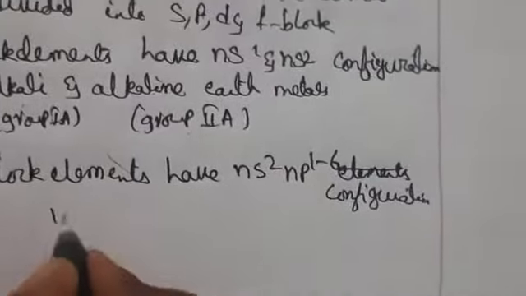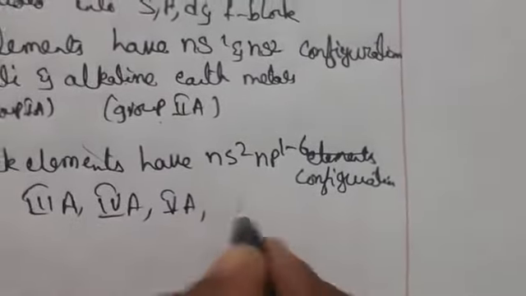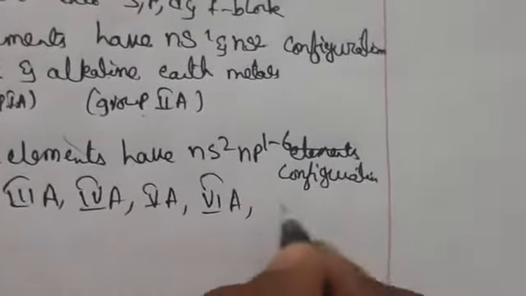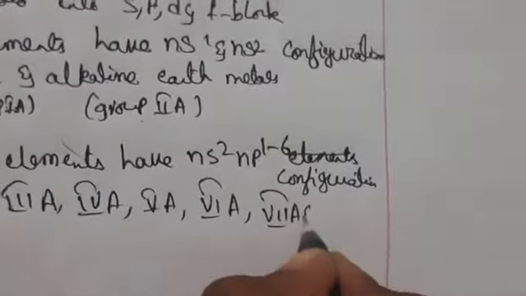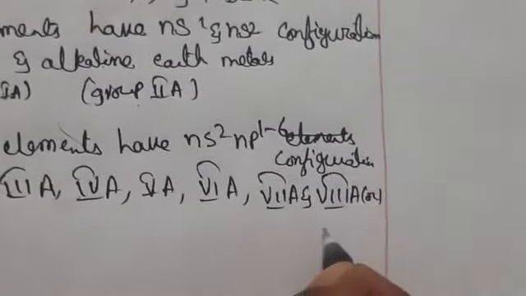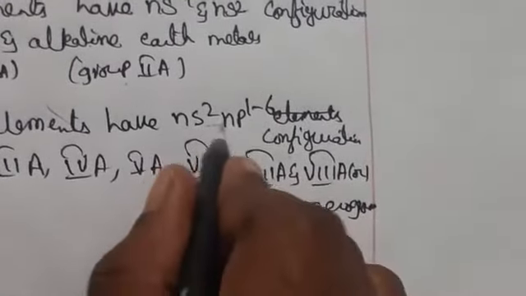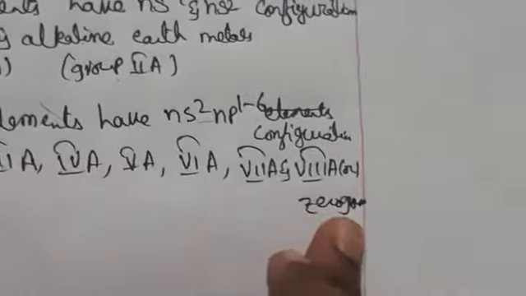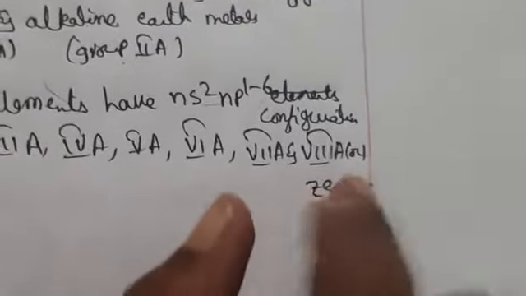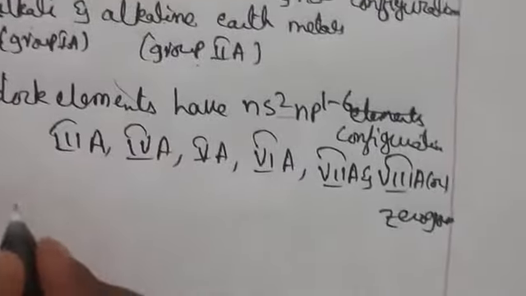So it is having 3A, 4A, 5A, 6A, 7A and 8A, or we can say this one as 0 group also. Why? Because it is having the outermost configuration ns2 np6, the octet configuration, or we can say noble gases also.